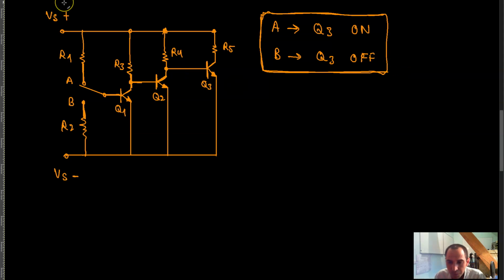So now let's see how we can find the values of these resistors, so that this situation occurs here. As we explained before, in this type of circuit, you have to start from the right hand side and work your way through to the left hand side.